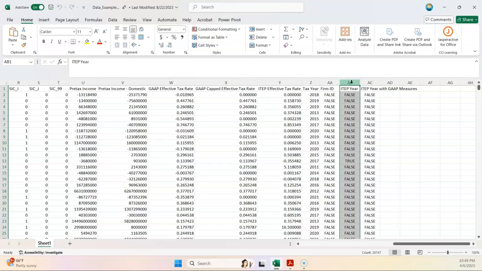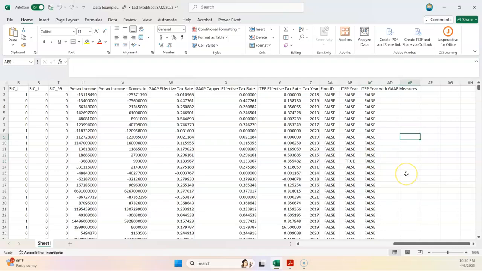If the ITEP year says true, like down here for this one, this is the ITEP organization saying that this company made money but didn't pay any taxes. And the ITEP year with GAAP measures is really talking about the money that's going right to the federal government. Once we calculate these rates, we're going to see some weird stuff, but we'll talk about that at the end.